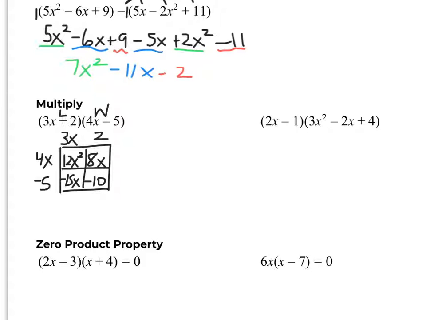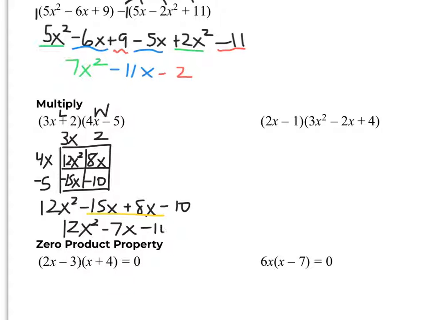We're just multiplying the sides. 4x times 3x, 4x times 2, negative 5 times 3x, negative 5 times 2. So 12x squared minus 15x plus 8x minus 10. And then we want to combine our middle terms. So 12x squared minus 7x minus 10.